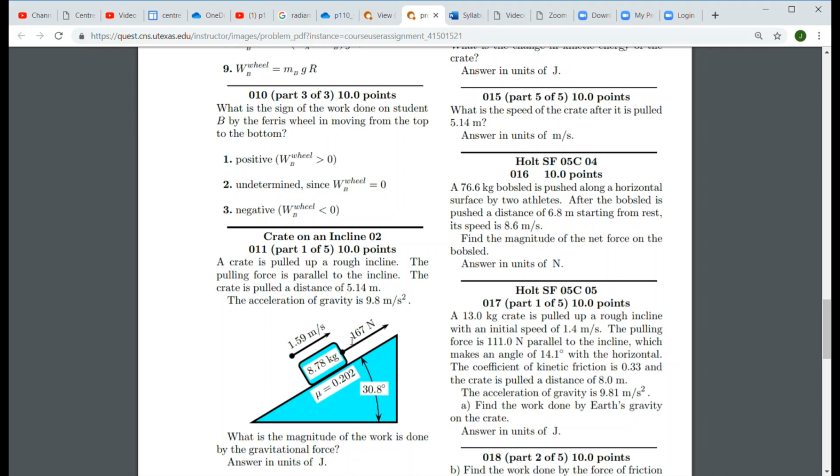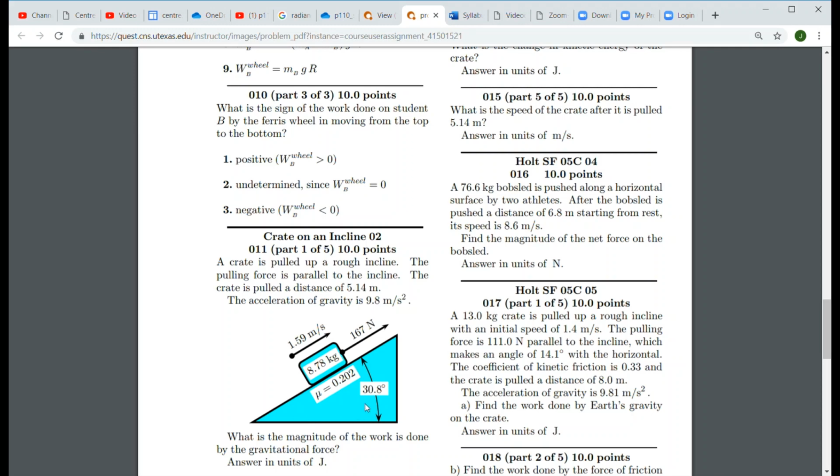And so what we need to do is figure out what the magnitude of the friction force is. That's a balancing forces kind of argument in this case. So we would use F net y, where y is perpendicular to the plane direction, equals m a y to find the normal force, and then use mu kinetic times the normal force to get the magnitude of the friction force, and then that magnitude of the friction force with a minus sign times the 5.14 meters would give me the negative work done by friction.